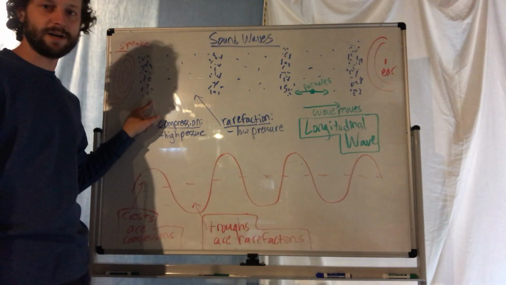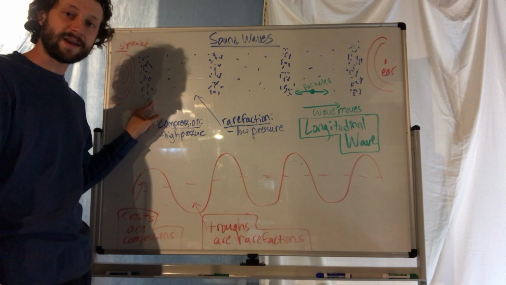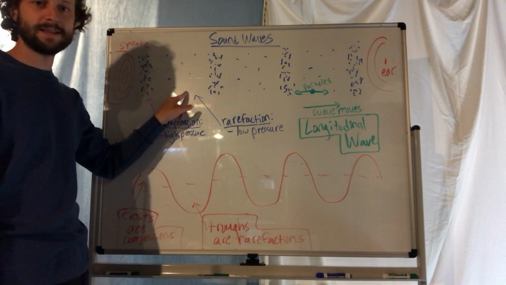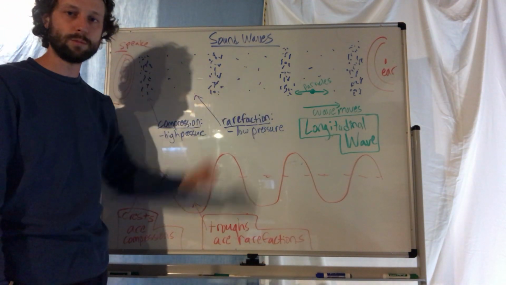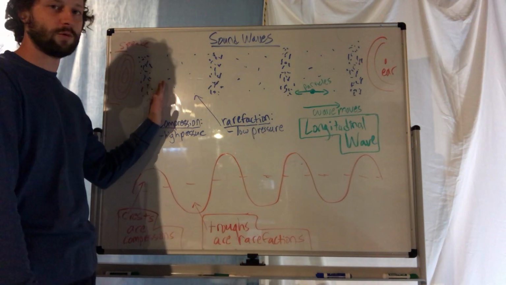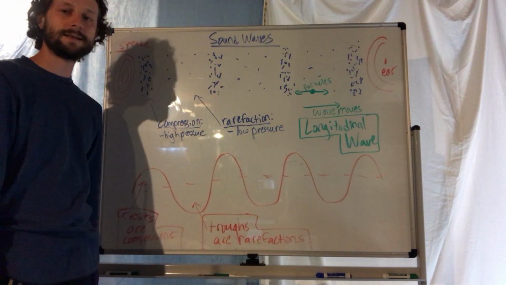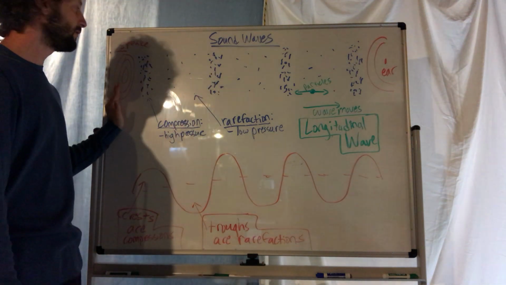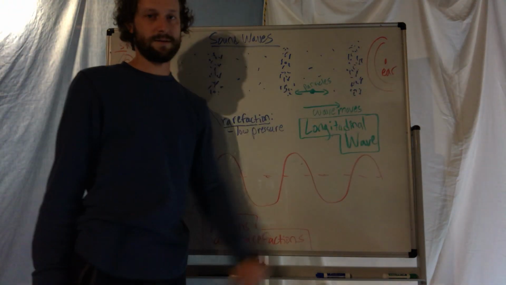Each particle bumps shoulders like a pool ball on a pool table, bumps into the next pool ball and into the next pool ball, and there's basically a shoulder to shoulder chain reaction of one air molecule hitting into the next that transfers the wave from the source, which is the speaker, to the ear.